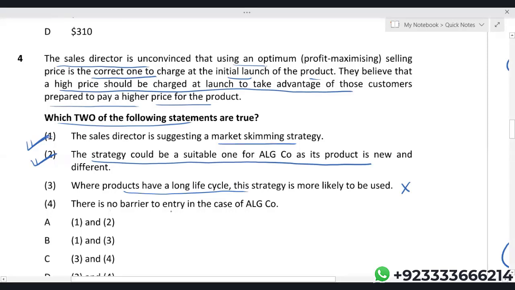There is no barrier to entry in the case of ALG company. Actually, when there is price skimming, it encourages new entrants to come into the market.